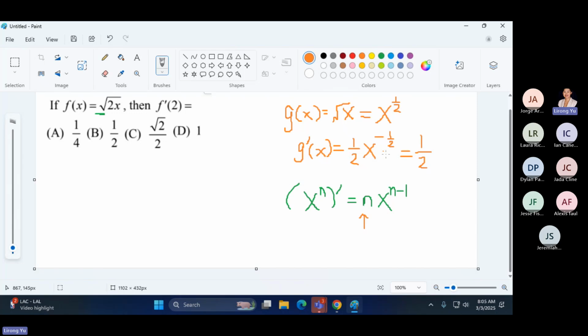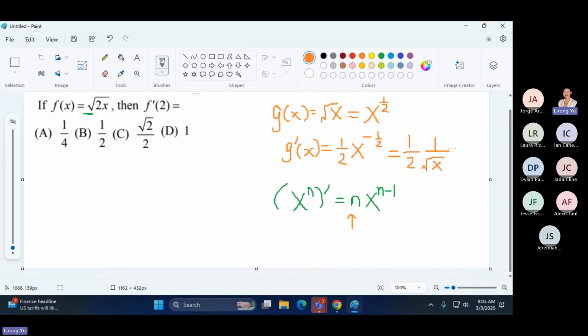There's a negative power, so it's 1 over, that's the negative power, and then there's x to the 1/2, where the 1/2 is going to be root. Okay, so that's how it is. And then if you want to simplify it, you can multiply numerator with numerator, 1 times 1, that's 1, and denominator with denominator, so that's 1 over 2 root of x.